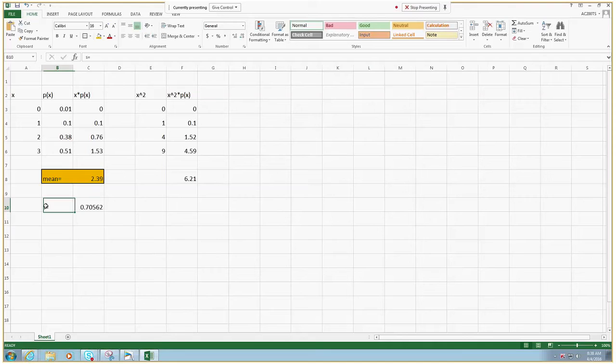And there's your standard deviation. So now, given the probability of something happening, we can actually say that the mean is equal to 2.39.